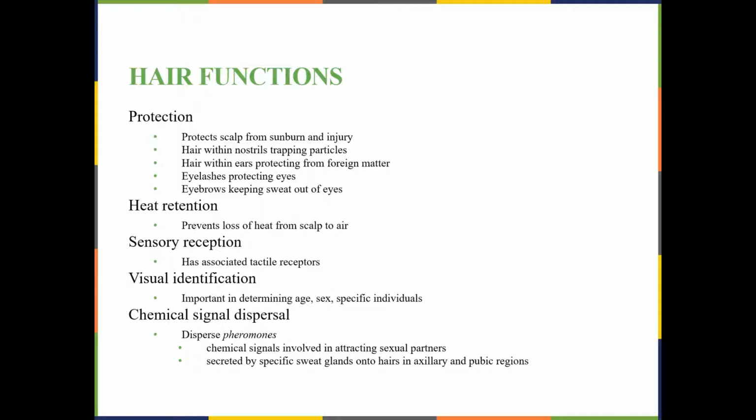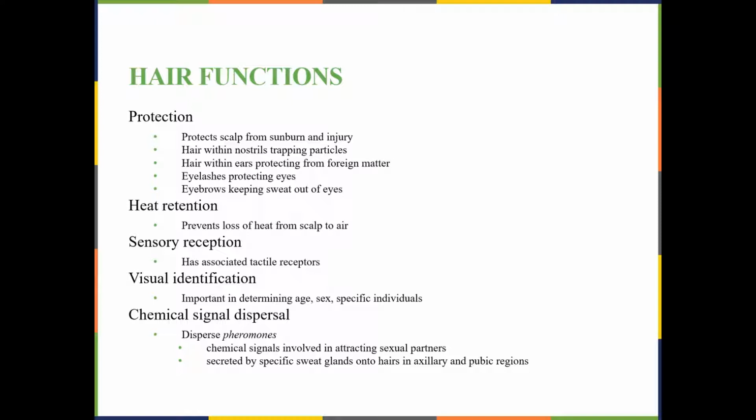On the top of the head, in your underarms, the pubic region, and on your face, we form typically around puberty terminal hair, which is that harder, not as soft hair.